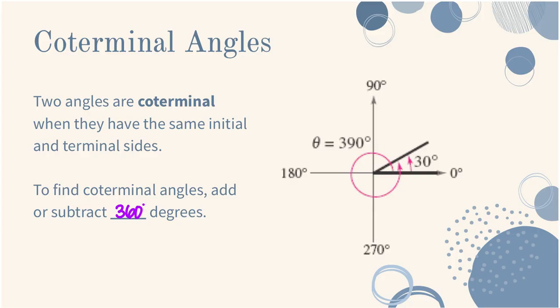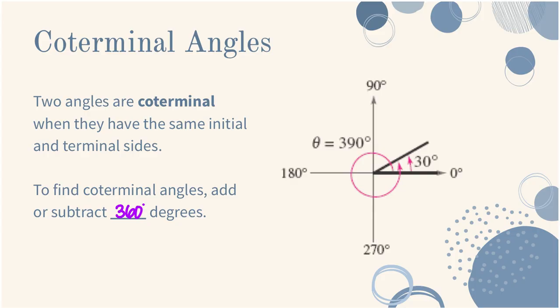So it depends on what they're giving you as your angle. If they're asking for a positive coterminal angle, you're going to add 360 until you get a positive number. If they're asking you for a negative coterminal, you have to subtract 360 until you get a negative number.